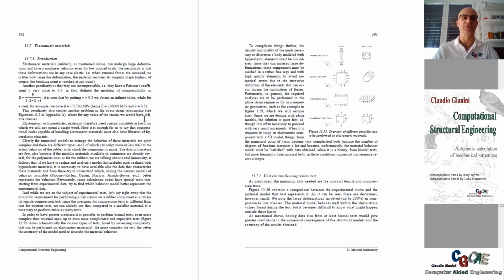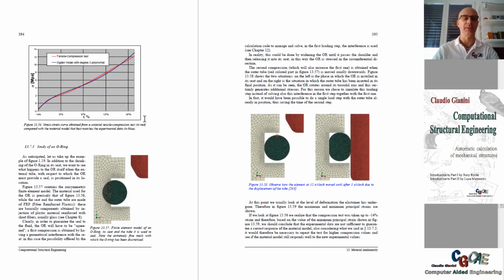So the constitutive equations are different from those of a metallic material, for example. We don't enter into these details, but we simply show that we definitely need some tests to characterize the rubber, and then we need to find, among the different models that the codes make available, which model behavior fits the experimental data best.